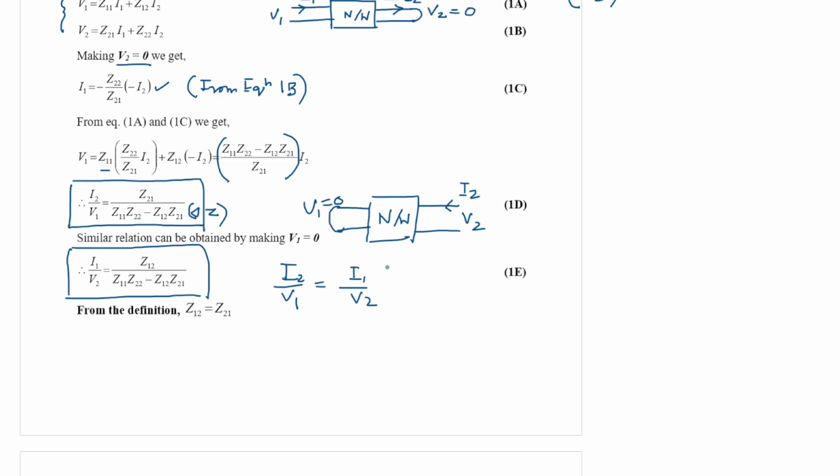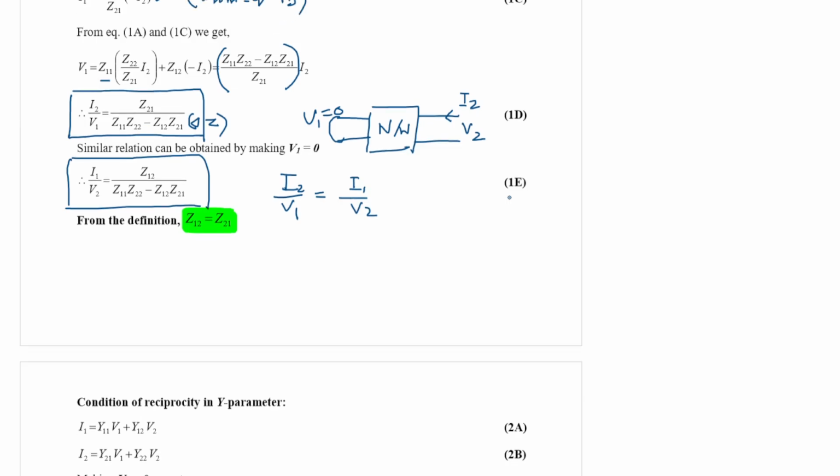So with this, from equation 1d and 1e, this is the condition: Z12 is equal to Z21. So what does it mean?